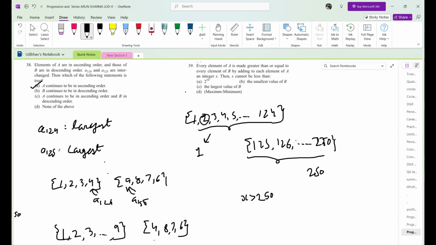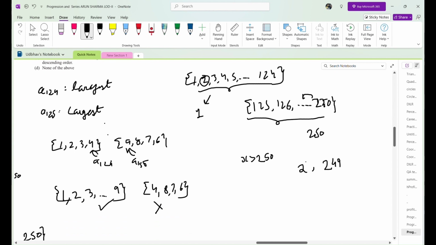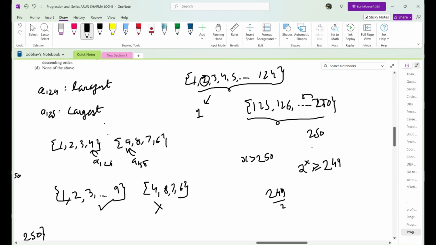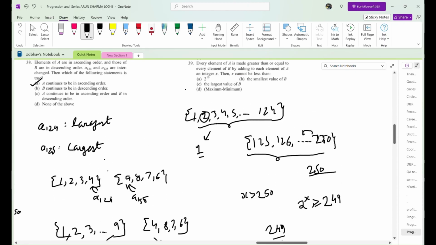If this is the minimum value and we take the value after it, 2 and 249, what should be the number x multiplied by 2 so that this is greater than this? 249 upon 2. So what are we doing? We are just subtracting, the maximum minus the minimum.